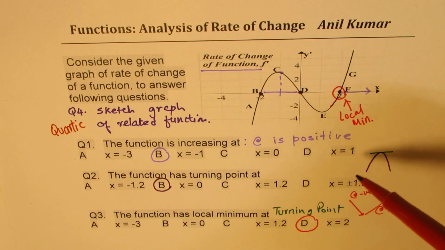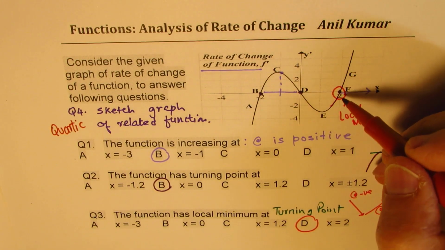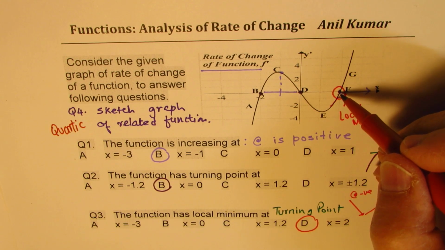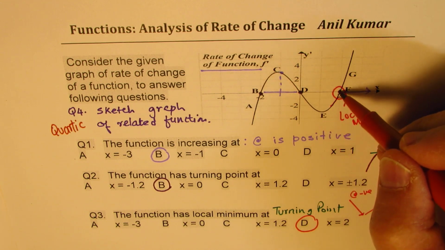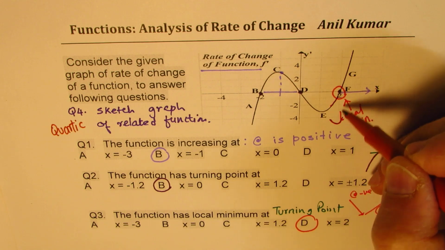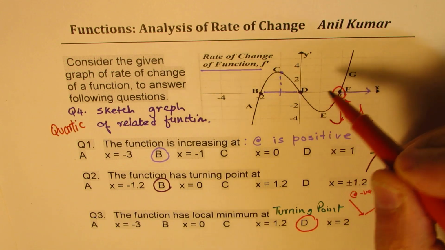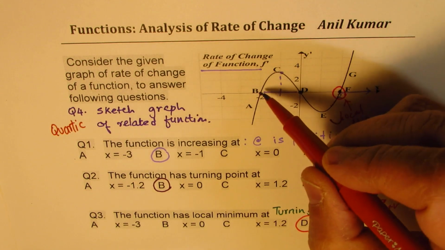Perfect. Now let me give you the solution also here. So from here we know these turning points are local maximums and minimums, right? So if the rate of change is negative, that means the function was decreasing. So let me mark the turning point as this. This is one turning point. Now this is a minimum since it is going from negative to positive.